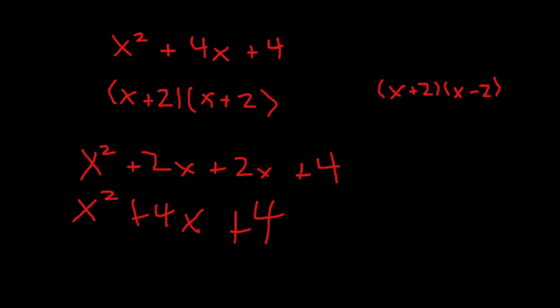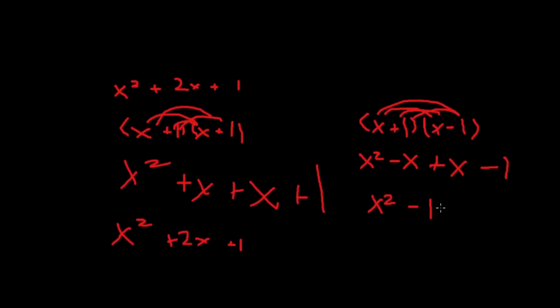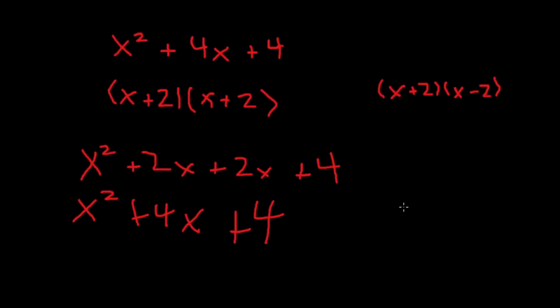Anyways, it's probably a good idea if I show you the last one and what we got for it before we find a pattern. So we did x plus 1 and x minus 1, and we got x squared minus 1 as our answer. So what do you think this is going to be? Well, I'm going to use my brain.